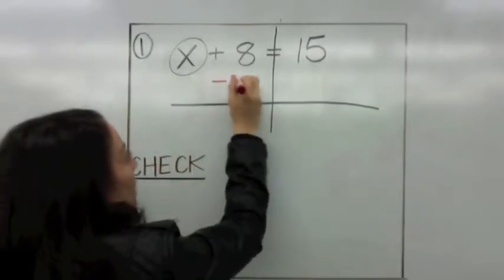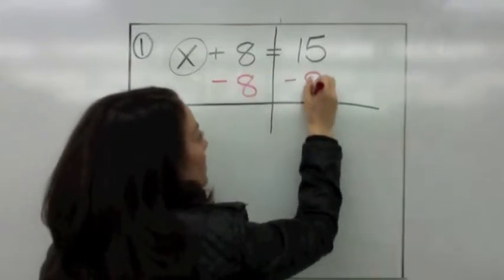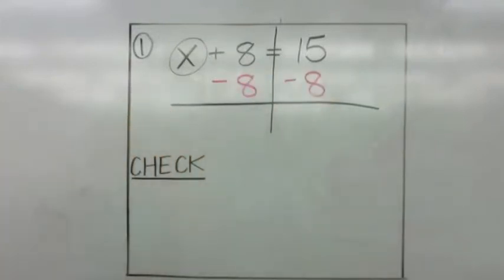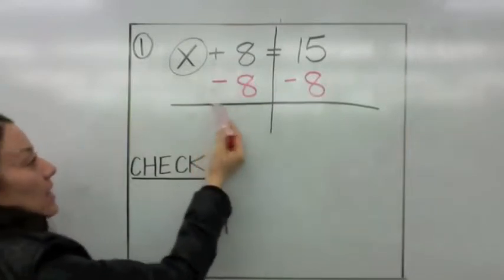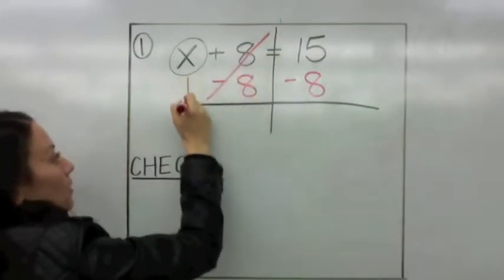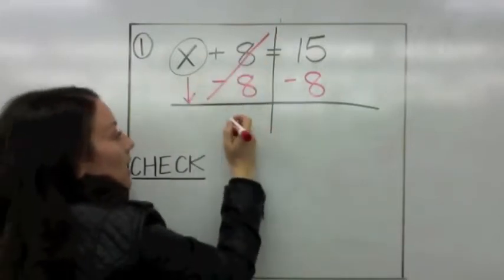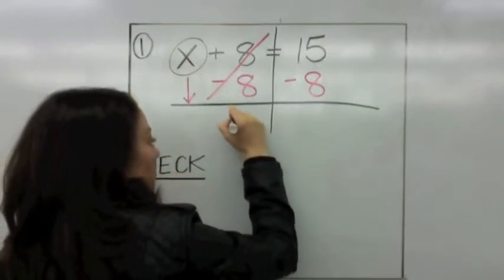So you subtract 8 from both sides. Now you have a positive 8 and a negative 8. That makes 0. You can bring down the x.